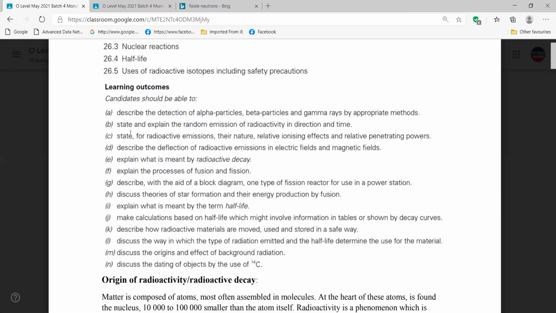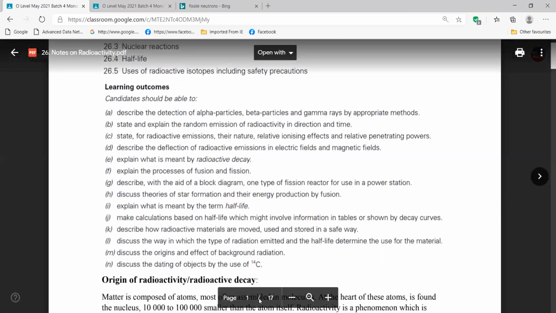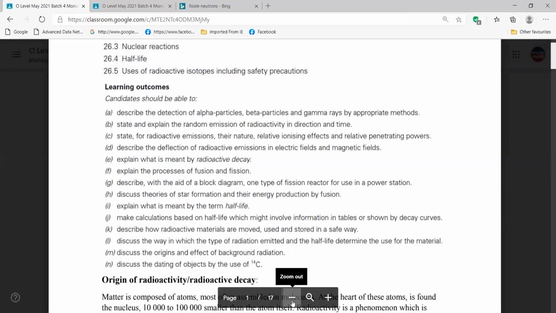For understanding half-life we need a lot of discussion. Just one small thing: if a radioactive particle has a half-life of 5 years, and I have X amount of radioactive particles, would it be X divided by 2 after 5 years, and then X divided by 4 after another 5 years?